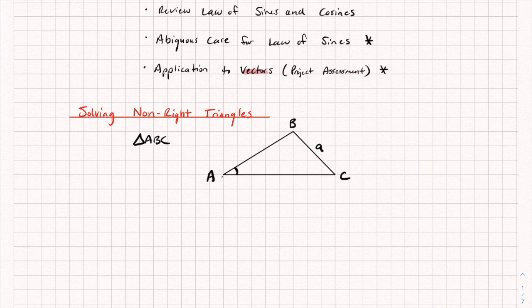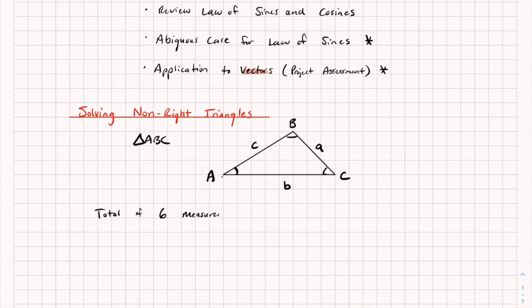And so that's why the labeling works this way: we use the lowercase letters to represent the side that corresponds to its angle. Therefore, little a will always be across from big A, little b across from big B, little c across from big C.